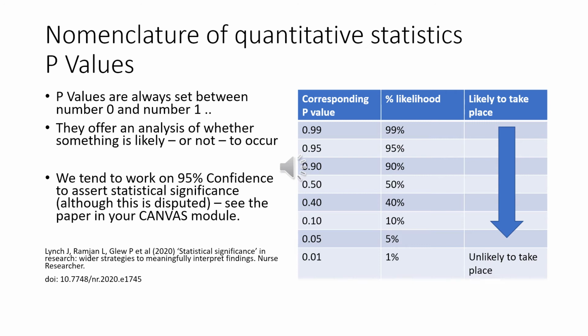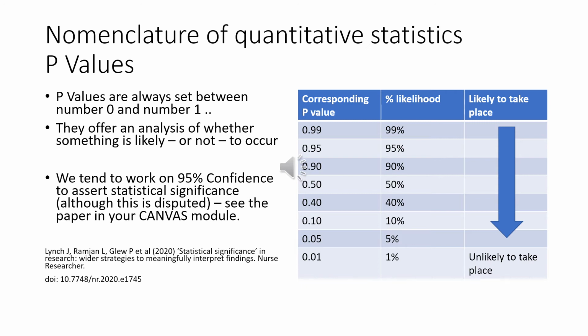So what that means is, with low p-values, the less likely it is that something happened by chance. You put that onto your research question and your null hypothesis: a lower p-value means that something is more significant than a higher p-value. And I've written there how it corresponds to a percentage likelihood of something happening.